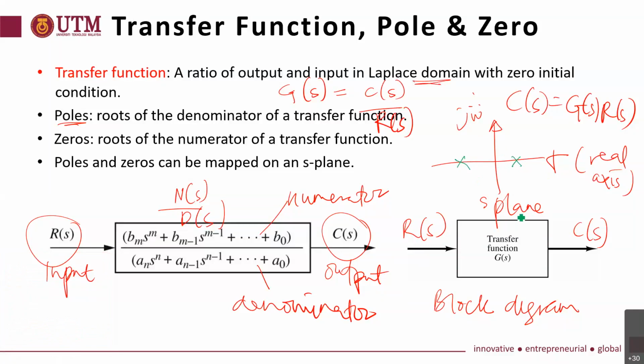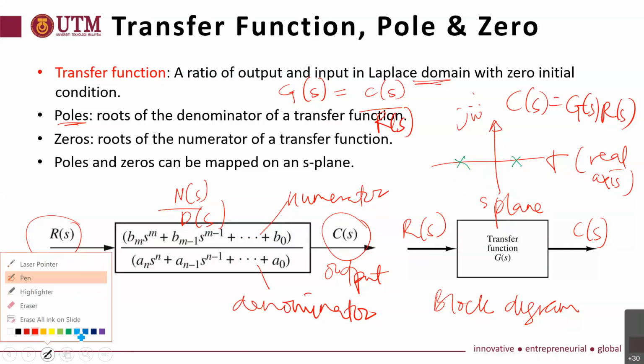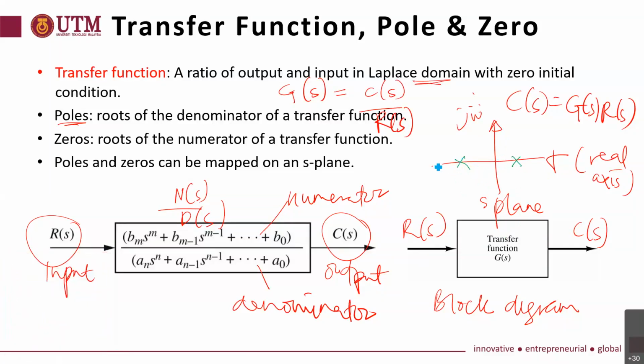These are poles. Pole is shown by a small cross. Zero can also be plotted on the S-plane by a small circle. Zero like this. This one is a pole.